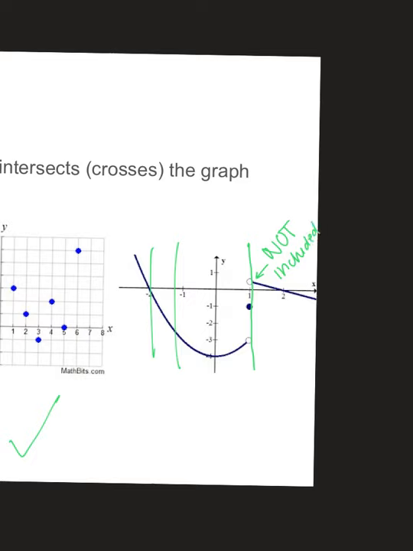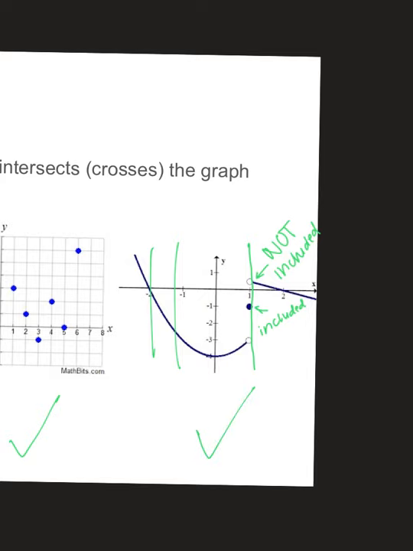That open dot means it's not included. This closed dot means it's included. There's only one closed dot out of these 3 dots, which means only one x right here is included one time. So this is a function.